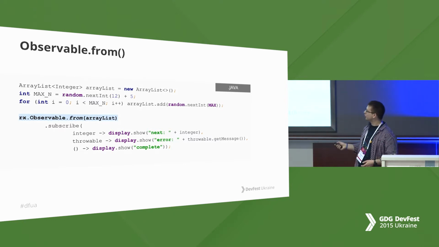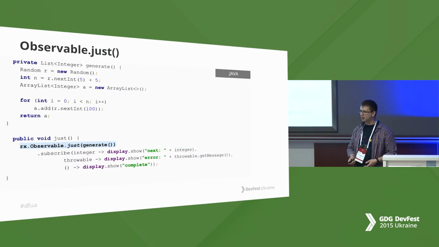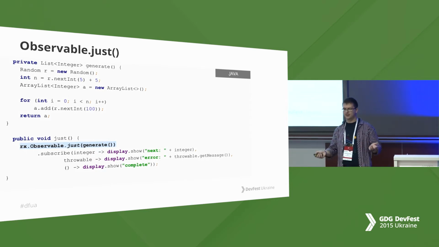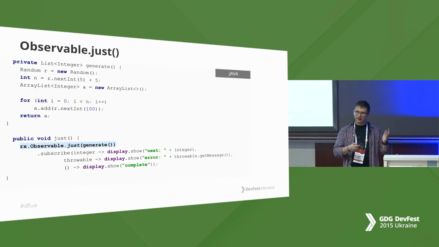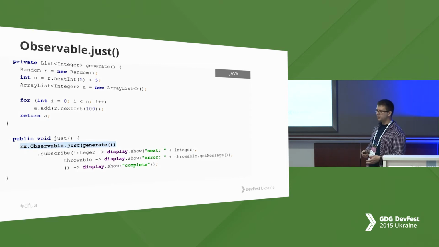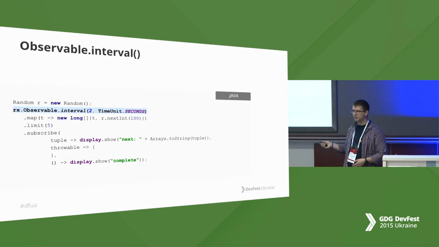We do not need to use observable on create or observable create. Just convert it and subscribe to it. It gives us the ability to put some values there, for example, and just push them into the stream, or just use some function that will be called and will return us a result. Pretty simple, a piece of cake.